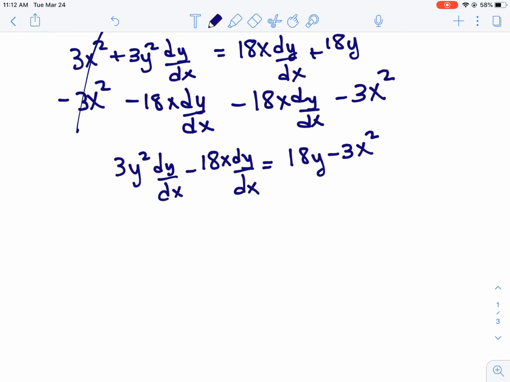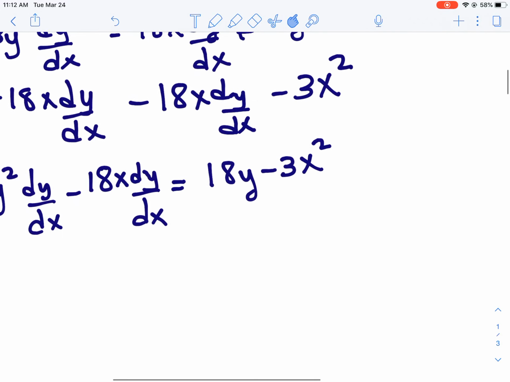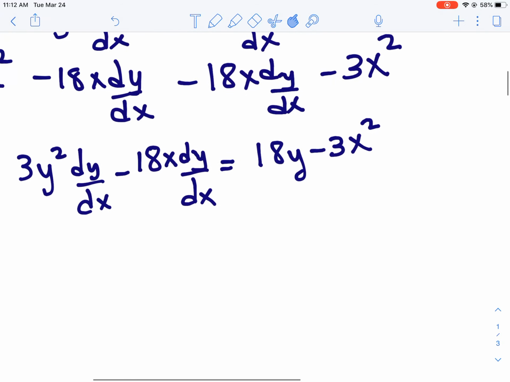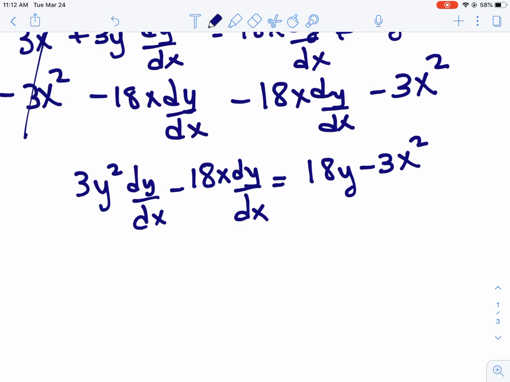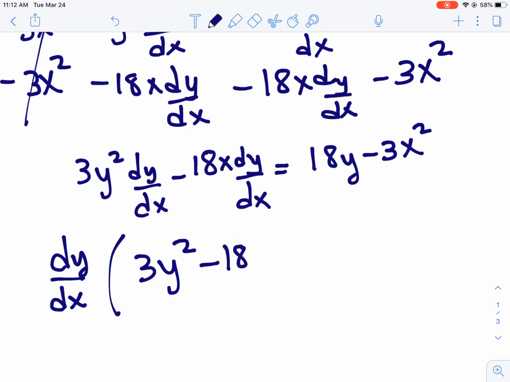All right, so now, oh, and now I'm crooked. So now what I want to do is factor out a dy dx. So dy dx, I'm going to factor that out so I get it all by its lonesome. And I have 3y squared minus 18x equals, this side over here doesn't change, 18y minus 3x squared.